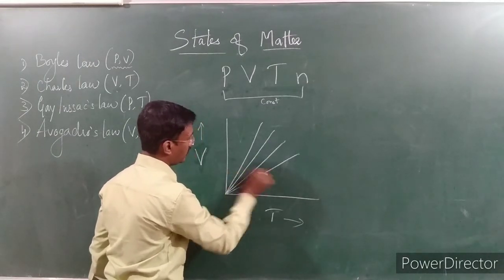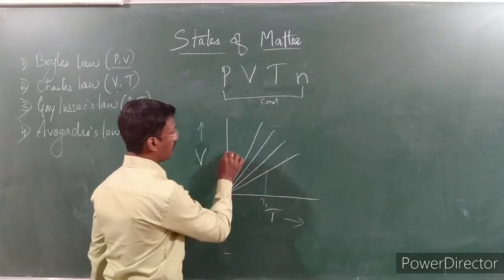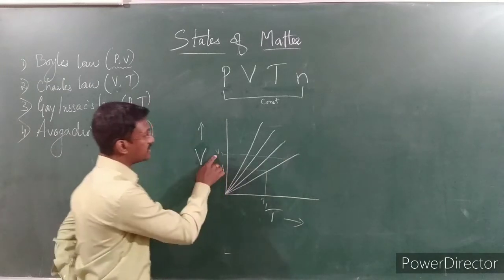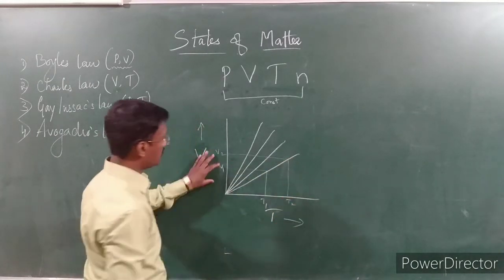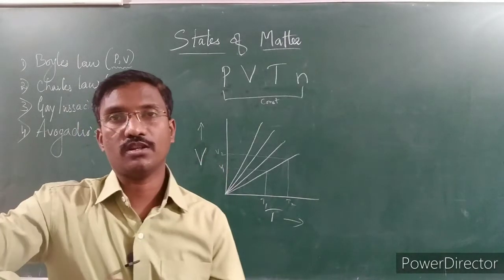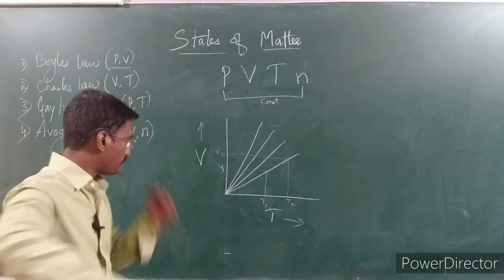First one I have taken here: as volume is V1, the temperature is T1. If I have taken volume as V2, can you see here? I have increased the volume, so it means the temperature is also increasing. So both are directly proportional. They simultaneously increase and simultaneously decrease.